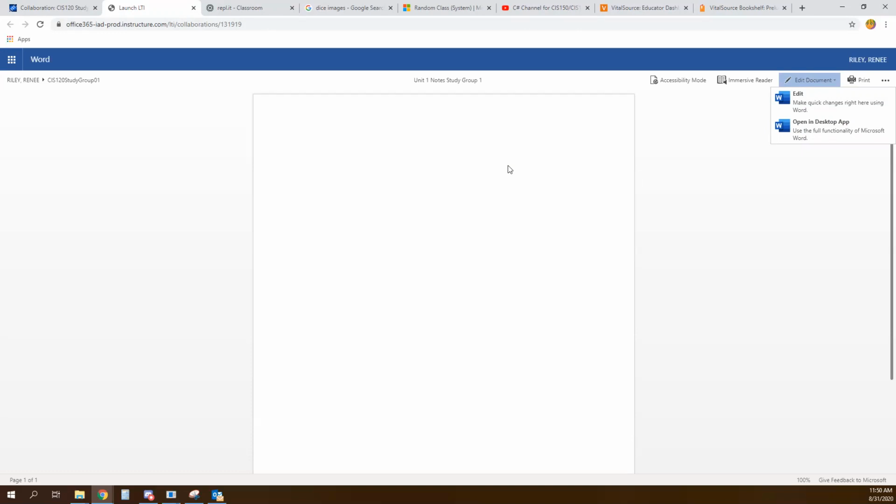When you save it, it's going to overlay whatever was out there. So don't do that. Keep it in the cloud so that it keeps track of all of the information from your entire study group. Now, you might have some sort of formatting you need to do where you want one person to open it on the desktop, get it fixed up, and then update it. But be aware that's going to overwrite anything that anybody else does.